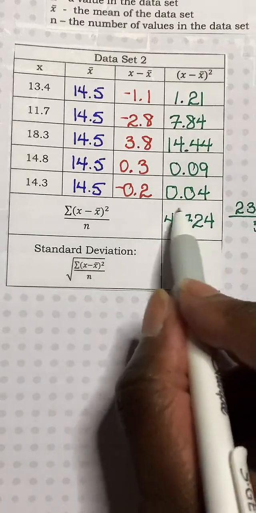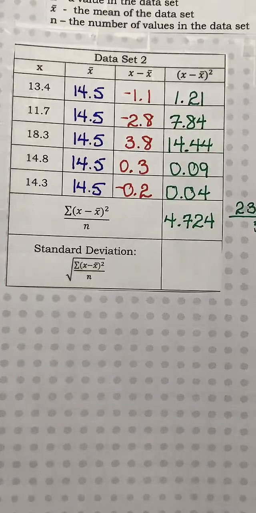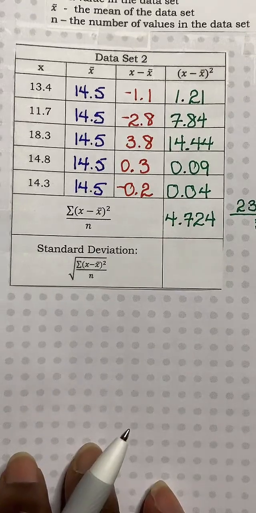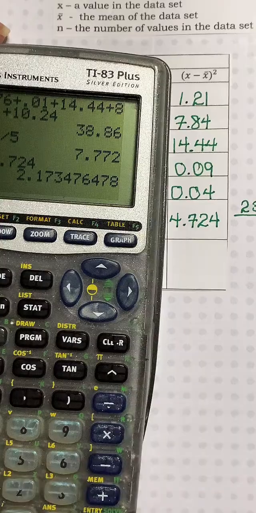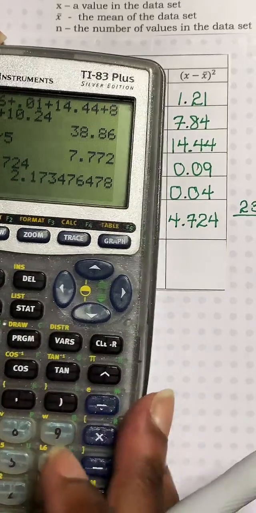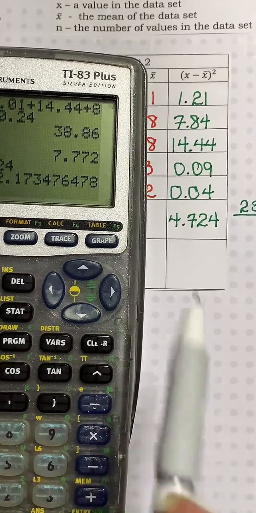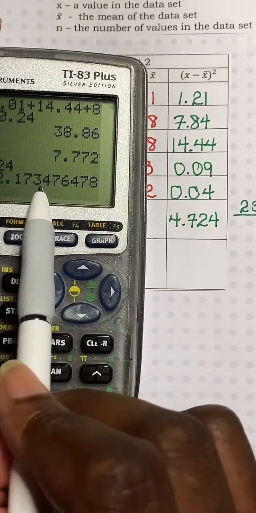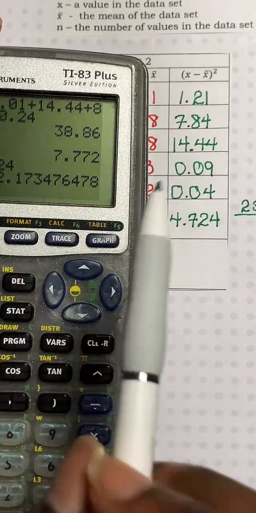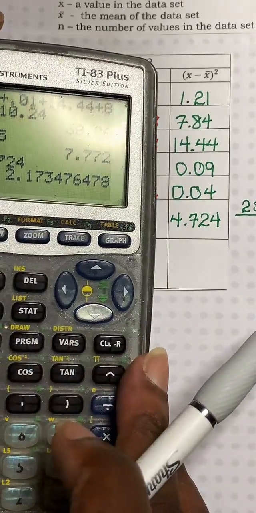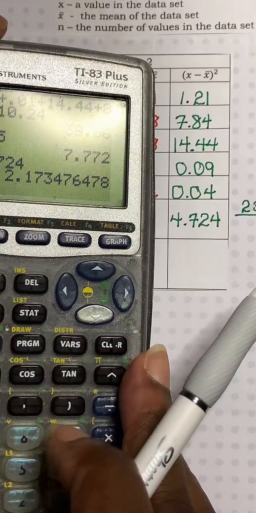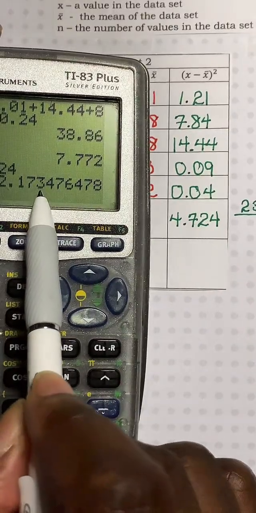Now we just have to take the square root of this answer. So if I take the square root of 4.724, I'm going to show you, nice hideous number, but let's see if we can round, if not to the hundredths, let's round to the thousandths. Since we're looking at standard deviation, most of the time it's going to be to the hundredths. So we have 2.17, and the next number over is a 3.